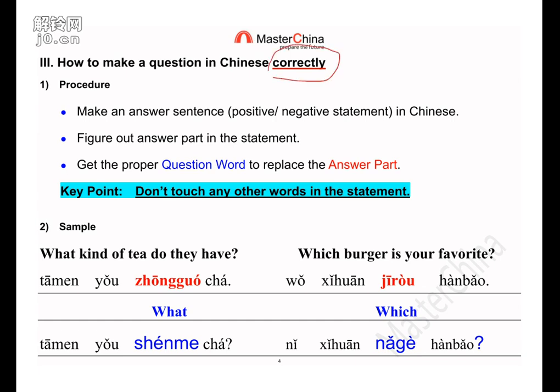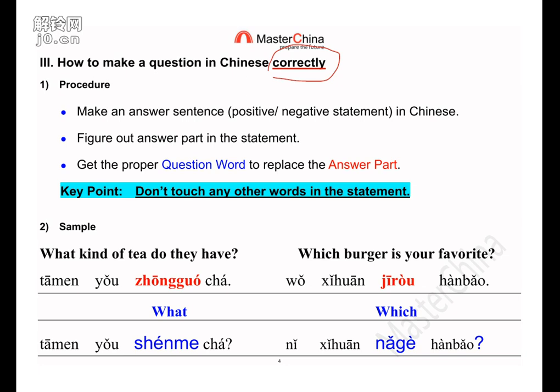Let me stress this word, because I met lots of people who studied in other schools before. When they came to me, I asked them to show me some language skill, like introducing themselves and asking some questions. I realized lots of people cannot make the question correctly.